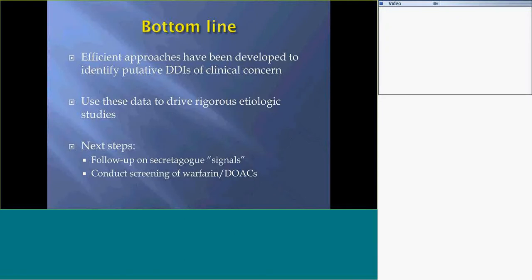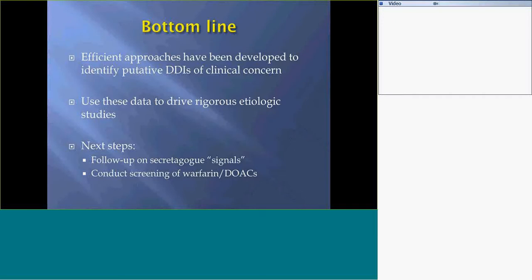So the bottom line is there are efficient approaches that have been developed to identify putative DDIs of clinical concern utilizing these large administrative data sets that we have access to in the pharmacoepidemiology world. And we can use these signals that arise from these data to drive rigorous etiologic studies, like the one that I'll be talking about next week, to inform clinical care.